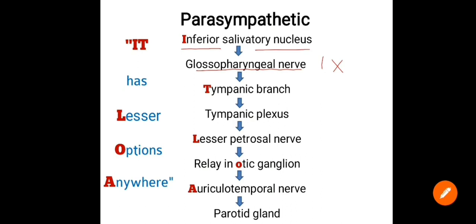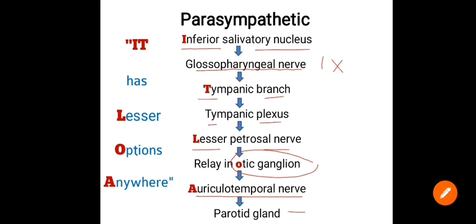Then from there, through the tympanic branch, then the tympanic plexus, then the lesser petrosal nerve, which will finally relay into the otic ganglion. And from the otic ganglion, the postganglionic fibers are carried by your auriculotemporal nerve, and they finally supply the parotid gland.